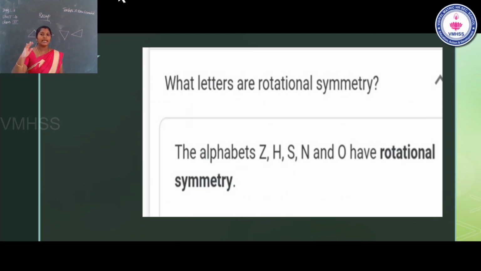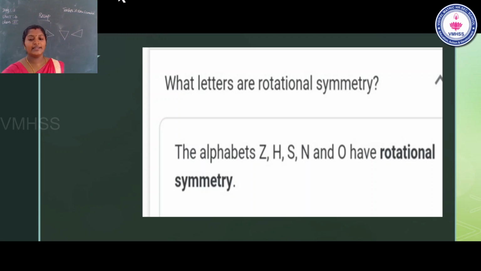The letters Z, H, S, N and O have rotational symmetry. Dear children, what are the letters? Z, H, S, N and O.